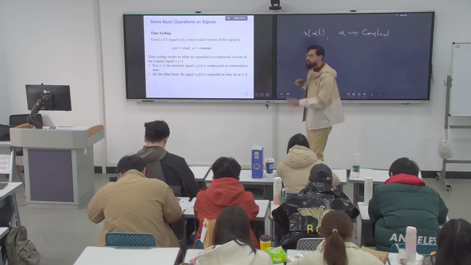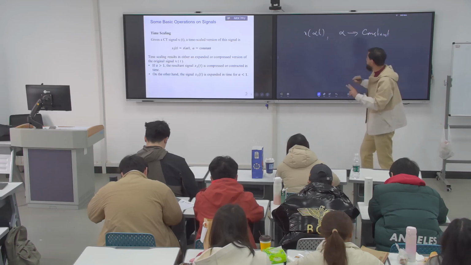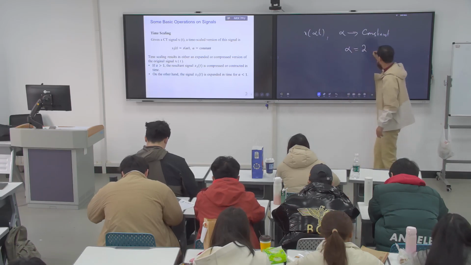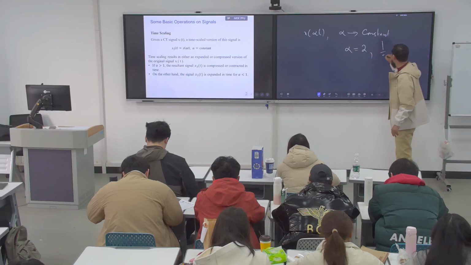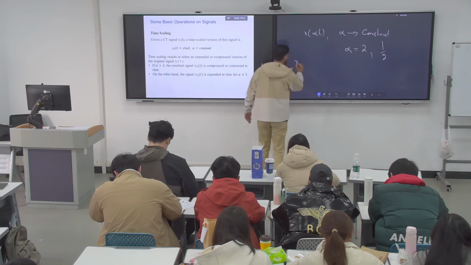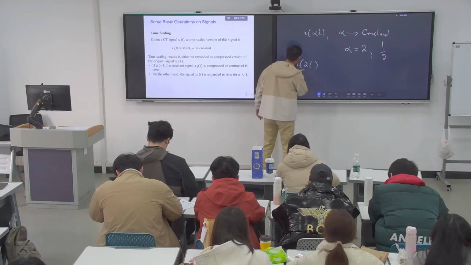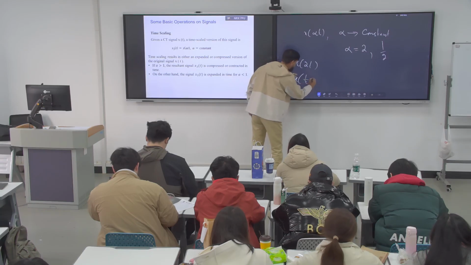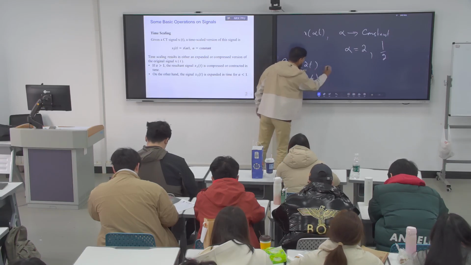Now I have two conditions. One is, let's say, alpha is equal to 2, and one is alpha is equal to half. If I put alpha equal to 2, what am I doing, and if I put alpha equal to half, what am I doing?